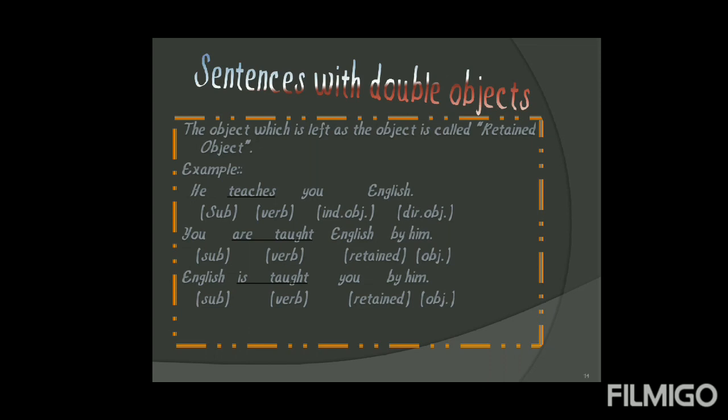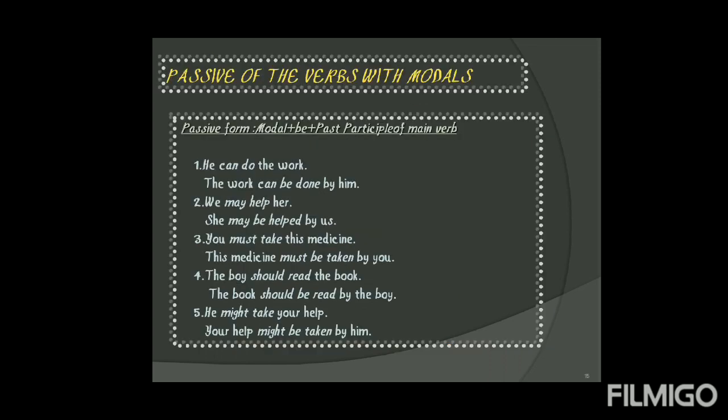So now we discuss the passive of the verbs with modals. Follow the passive form first: modal plus be plus past participle of the main verb. We have discussed it in our previous slides, and probably you have remembered where we were discussing the verb structures. Look at the examples well.